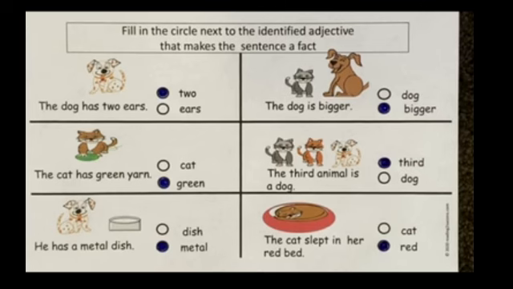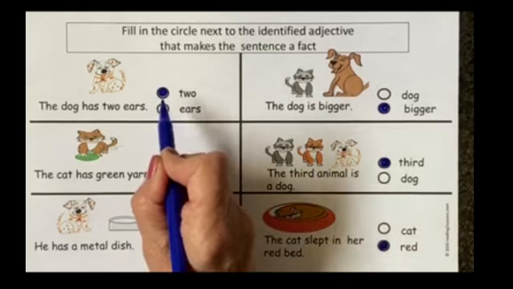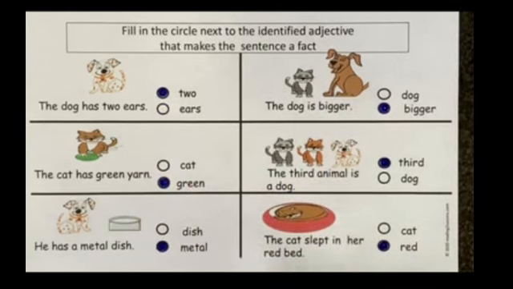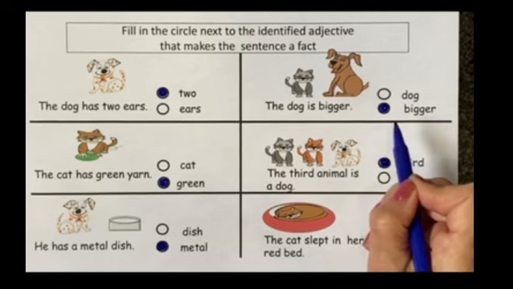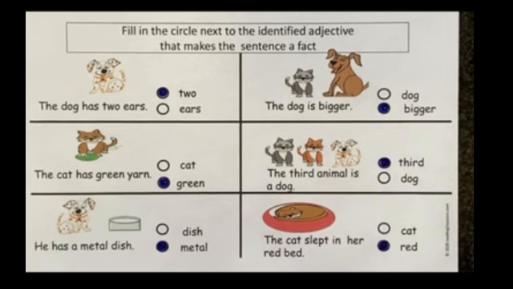So, our fact adjectives that help us identify what is correct are two, green, metal, bigger, third, and red.